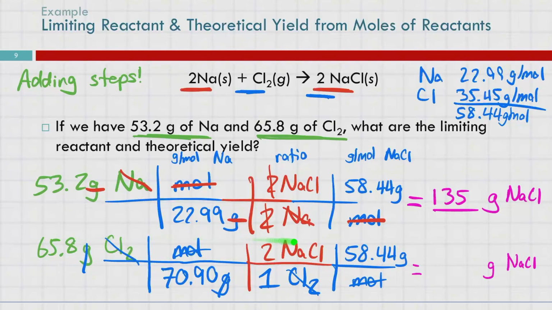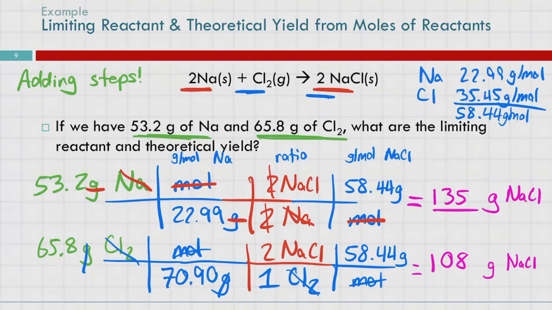So we multiply everything along the top and then divide by the stuff on the bottom, and we end up with 108 grams of sodium chloride. So even though we started with a larger amount of chlorine, because of the difference in molar masses and some other factors, we ended up being able to produce less sodium chloride with our chlorine.